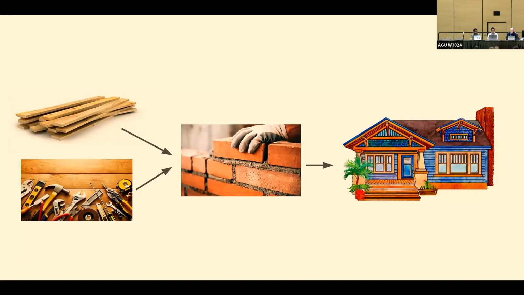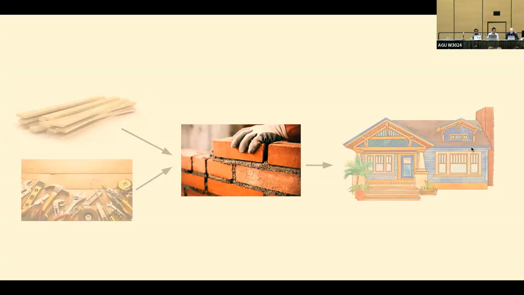And then we also have tools, things that we can do to these materials. And those are these methods that we just talked about a second ago. So you've got these data models, these tools to manipulate them, and then you work with those two things to start building an end result, like a house.